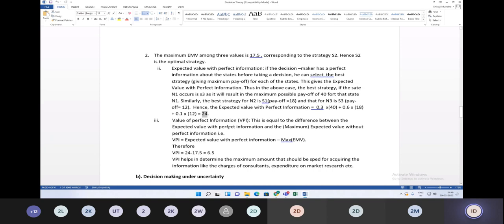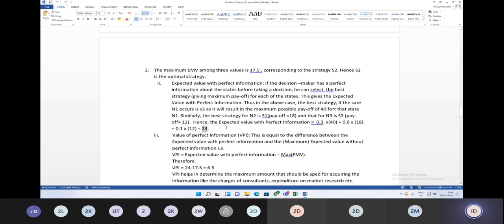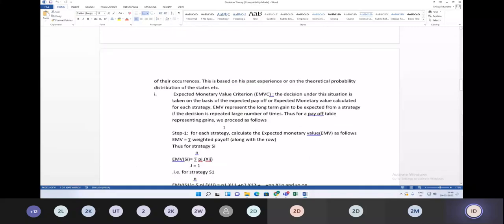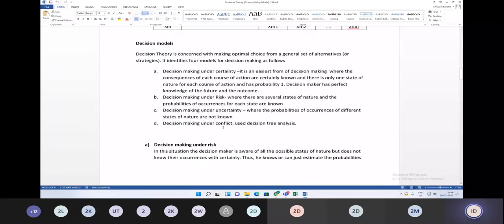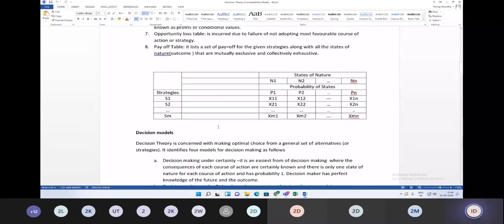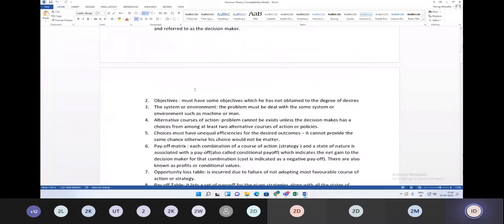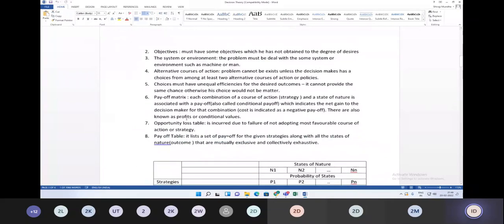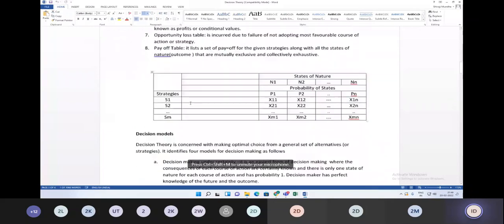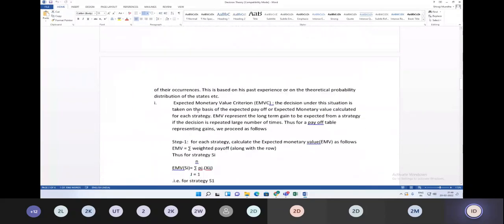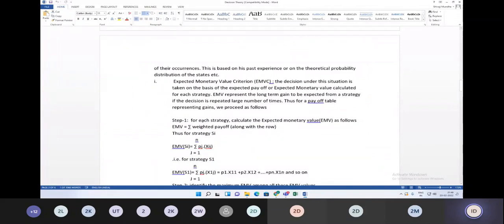So like this, in an MCQ question paper, first of all we have to try to clear the terms. What are the decision making elements, that is, the components: the decision maker, its objectives, what is the environment, what is a payoff matrix, what is a payoff table, how many types of decisions there are, what types of decision models there are, and how to calculate EMV.